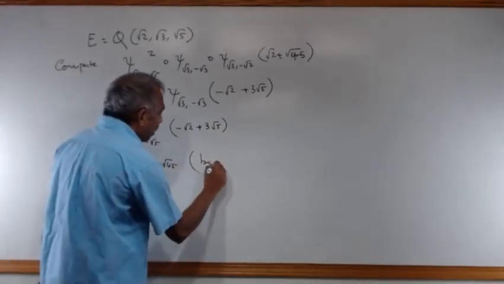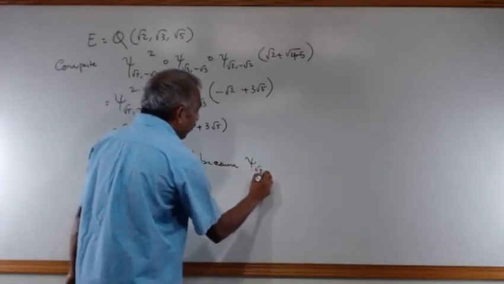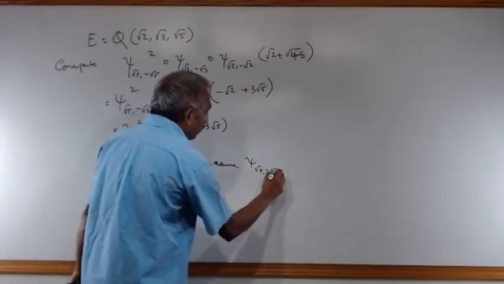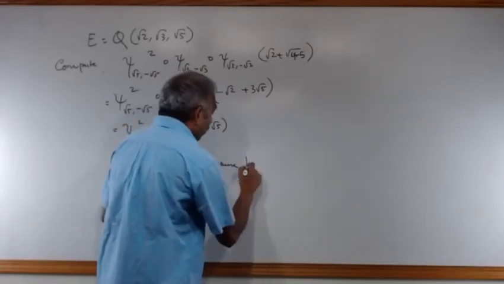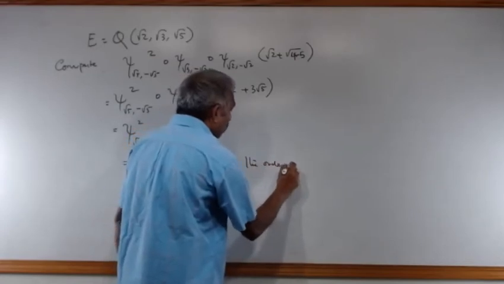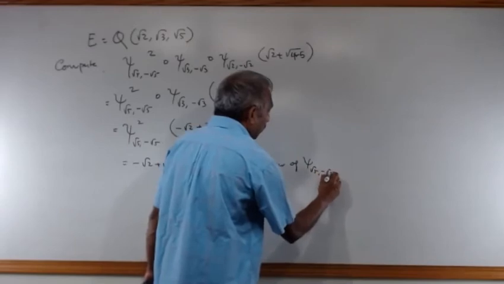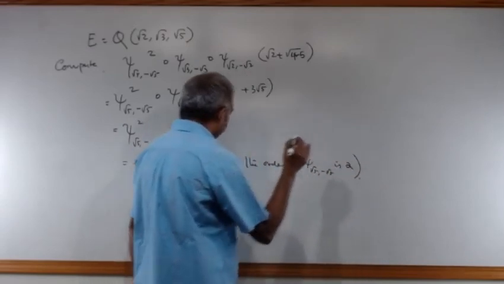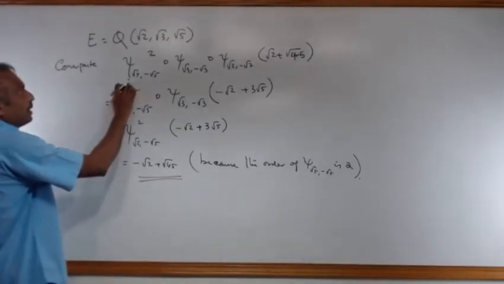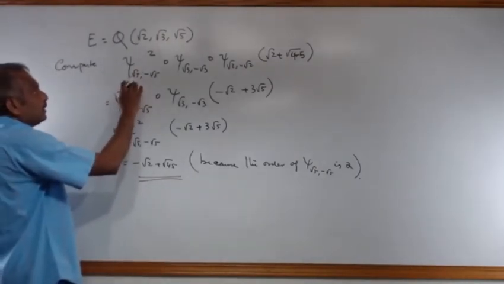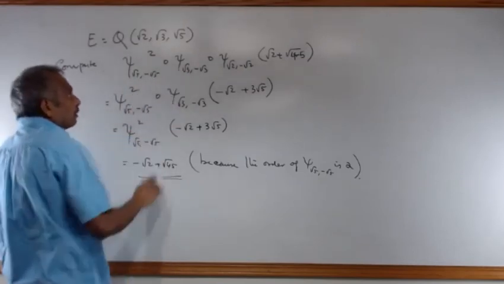Because psi of root 5, minus root 5 squared is the identity, this is the result. Just to get familiarized with the conjugate isomorphisms and the composition of automorphisms.